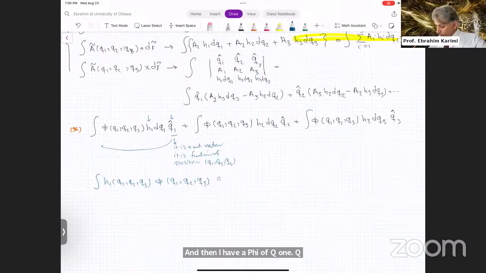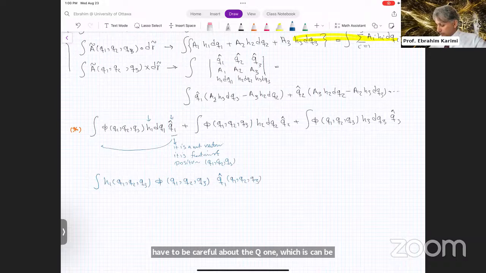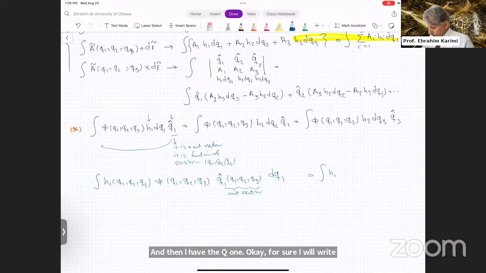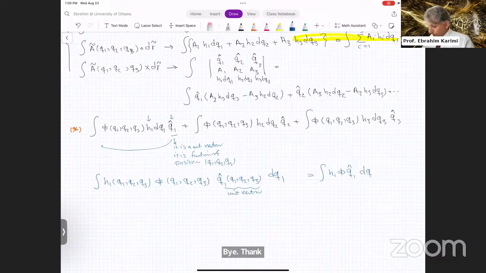I have to be careful about the Q1 hat, which can be a function of Q1, Q2, and Q3. Remember, that's a unit vector. And then I have dQ1. For sure, I will write that as the integral of H1 phi Q1 hat dQ1.